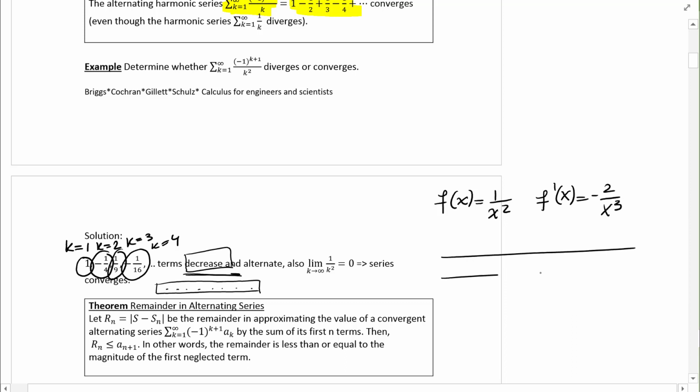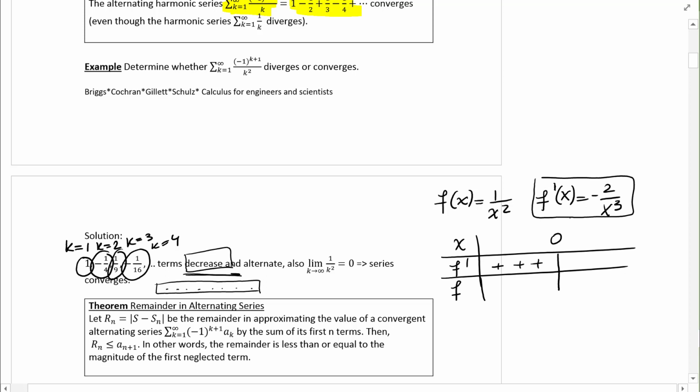If I make a table of values to see the sign, with x, f prime, and f, at 0 we actually have a vertical asymptote. If we go to the left of 0, f prime is going to be positive. You just give a value, negative 1, plug it into f prime of x, and you get a positive value.